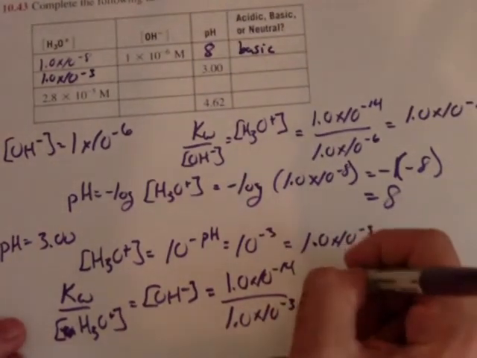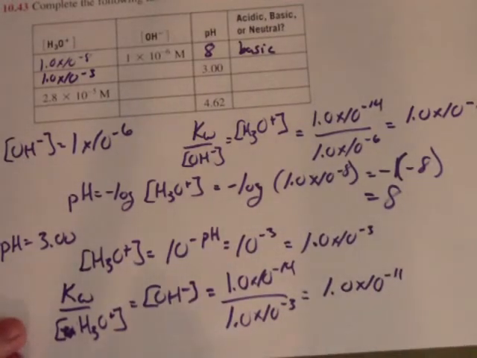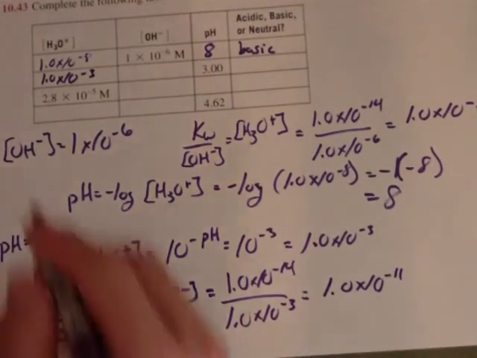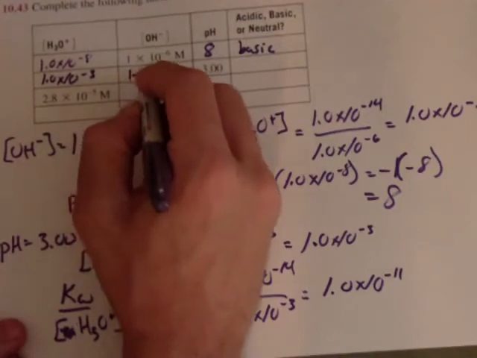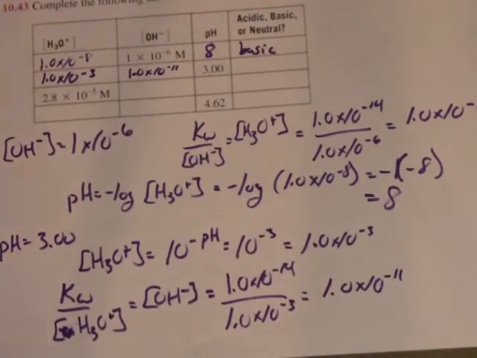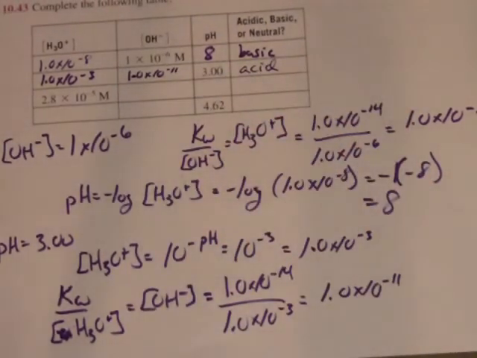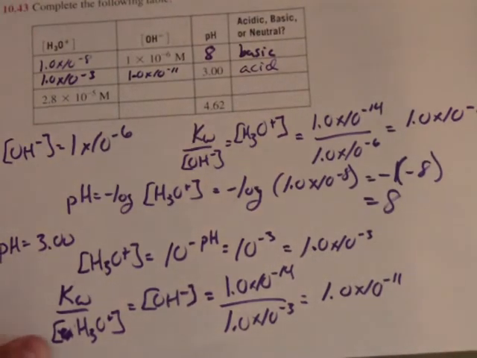That will give us a value of 1.0 times 10 to the minus 11 for the OH minus. And if this is acid, base, or neutral, pH is less than 7, and so it must be acidic. And so that's how you'd fill out the table like this.